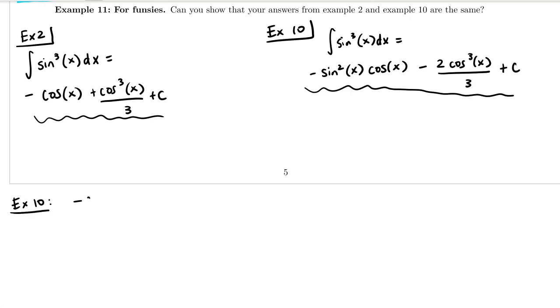So let's start off with example 10. We have negative sine squared x times cosine of x minus 2/3 cosine cubed x. And this thing, sine squared x, I can rewrite using the Pythagorean identities. So if I did that, then that would give me 1 minus cosine squared x.